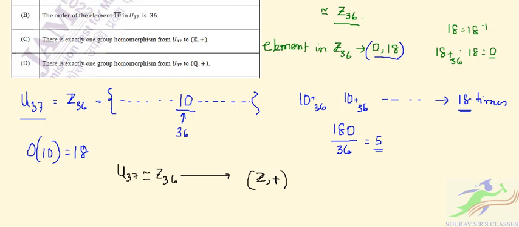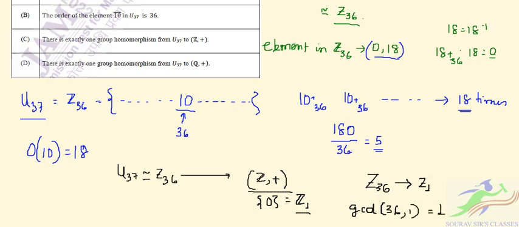In this particular group, only one element has finite order, that is the identity element, and every other element will have infinite order. From Z36, how many group homomorphisms will there be? It is found from GCD of 36 and 1, which is 1. So there is exactly one group homomorphism. This is a correct option.